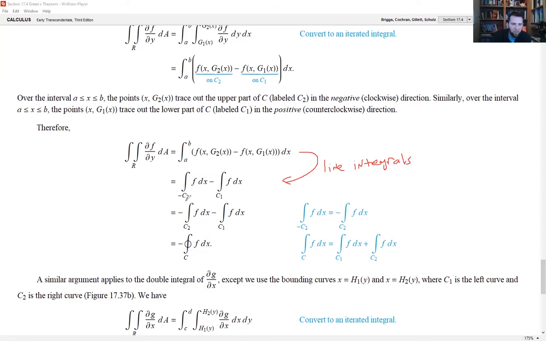And notice that having the negative C2 is the same thing as having a negative line integral, but going in the positive direction. And so here we remember that C1 plus C2 gets us all the way to C. So all this stuff is giving us the negative C. Let's go back up here and check our signs one more time.